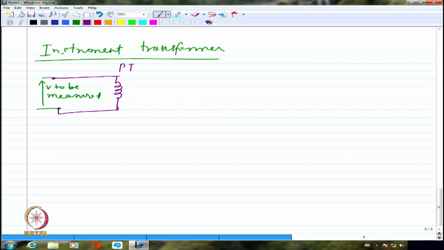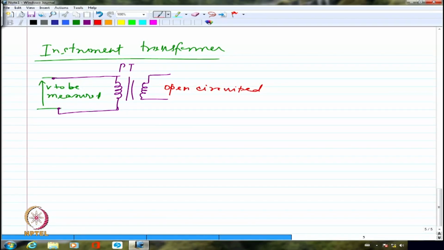So similar should be the case as far as the potential transformer is concerned, because of which the secondary of the potential transformer will always be open circuited. It cannot ever be short circuited, or ever be connected with a tangible small value of resistance. No way. It should not be done.